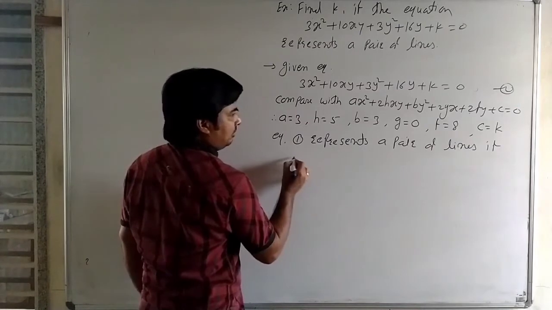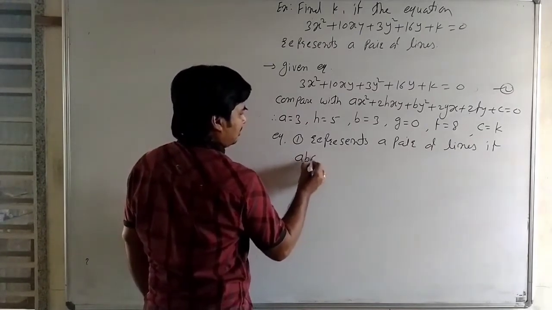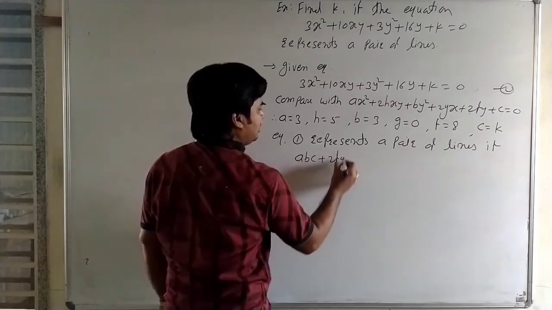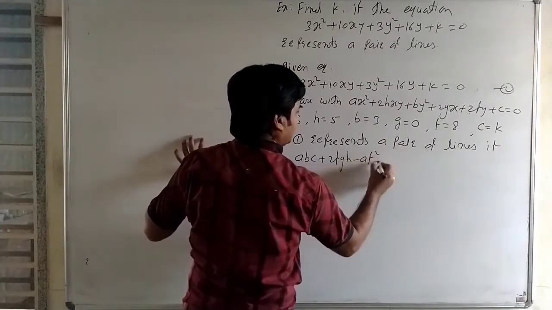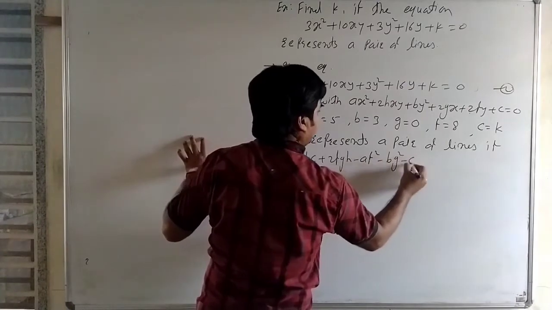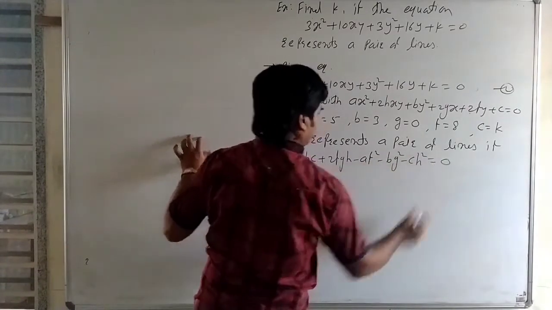Therefore, we can write if ABC plus 2FGH minus AF square minus BG square minus CH square equal to 0.